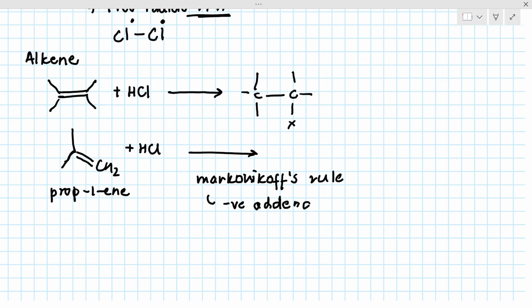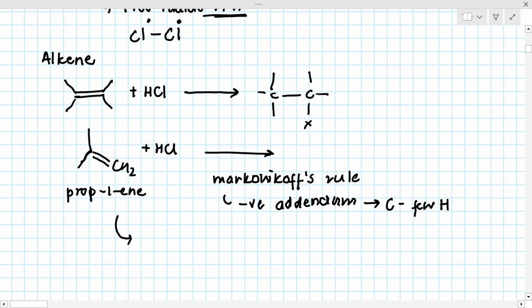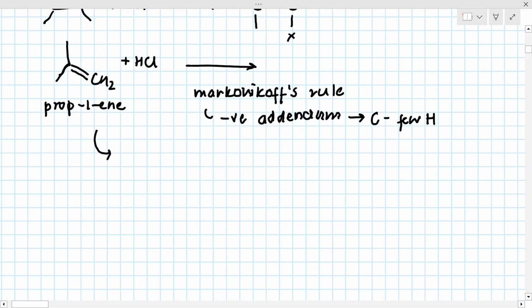Negative addendum is the part which is negative in nature, or the nucleophile in simple terms. It always goes to the carbon that has fewer hydrogens.